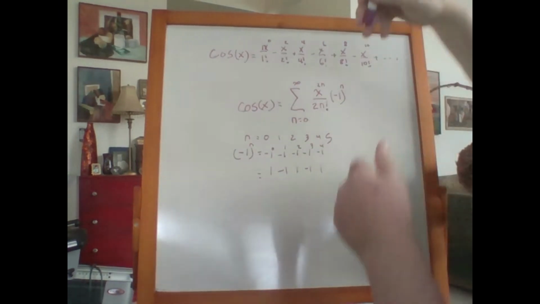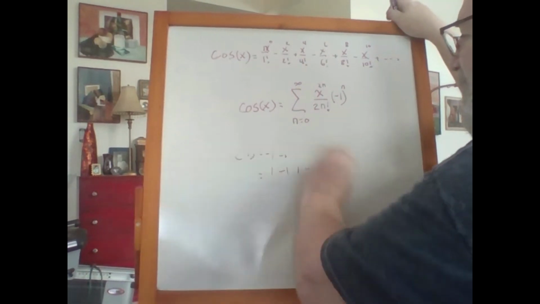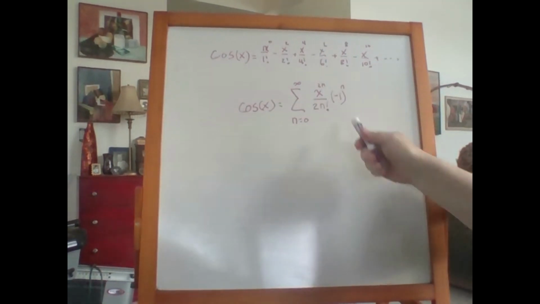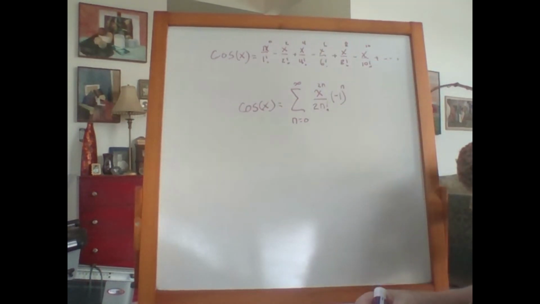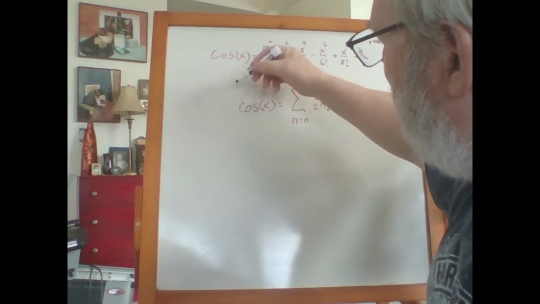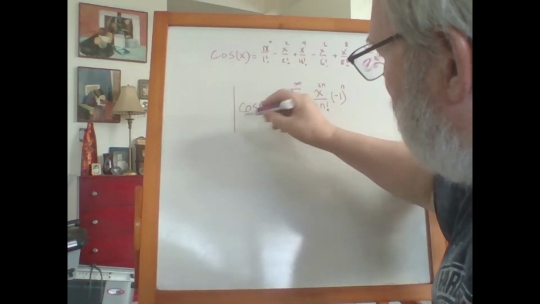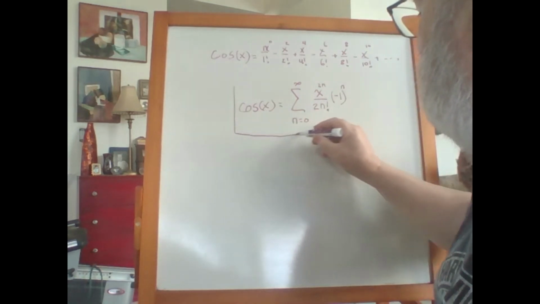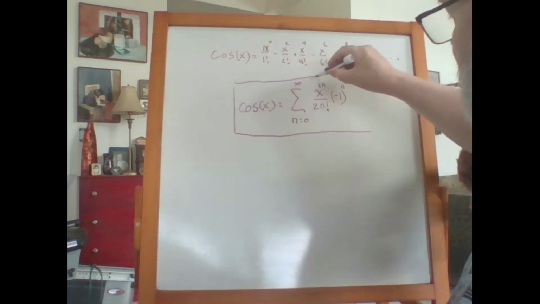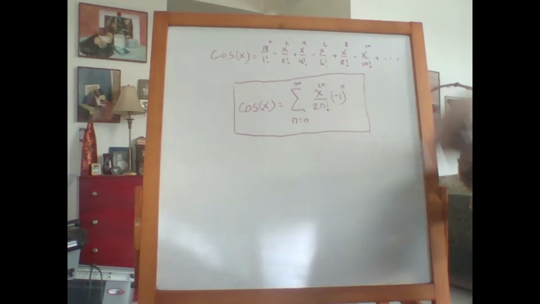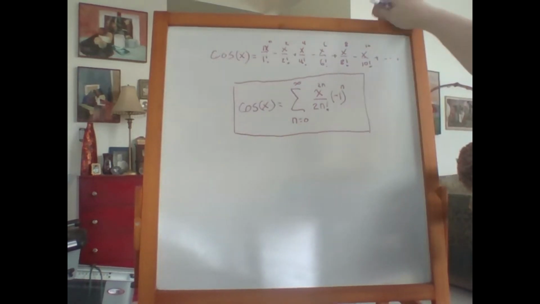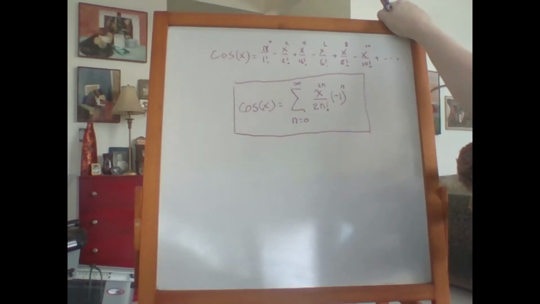And so that term now allows us to write this compact form for a cosine function. So that's it. That's our infinite series for a cosine function. And again, that's my artistic skill, drawing rectangles.